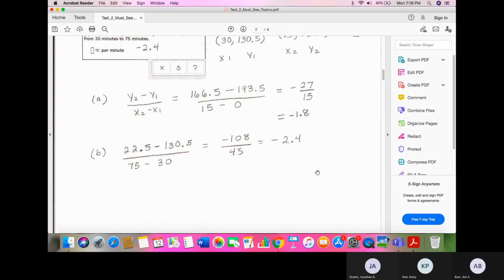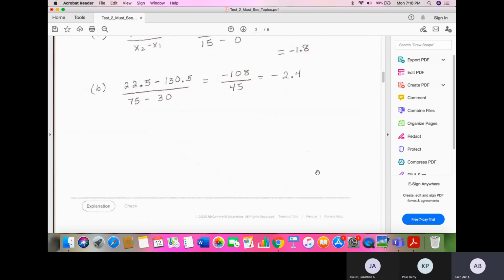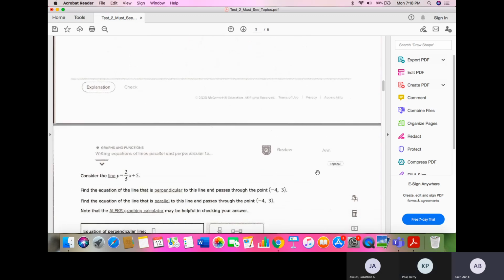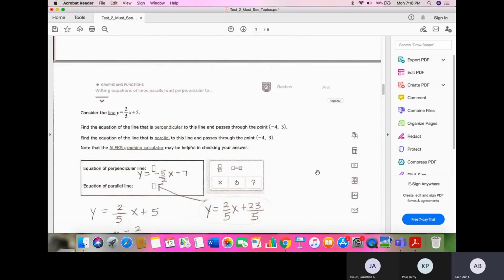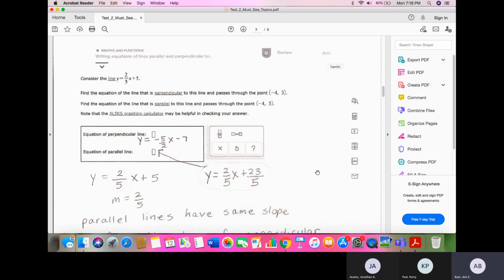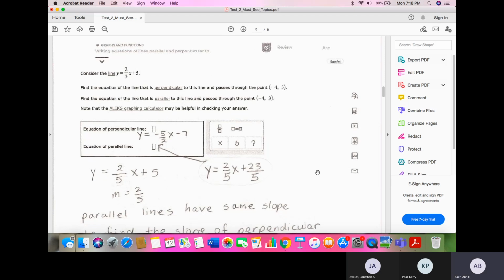Okay, let's look at the next one here. So now we are talking about writing equations of lines parallel and perpendicular to a given line. And really the toughest part of this is to identify the slope of the line that you're wanting to find.